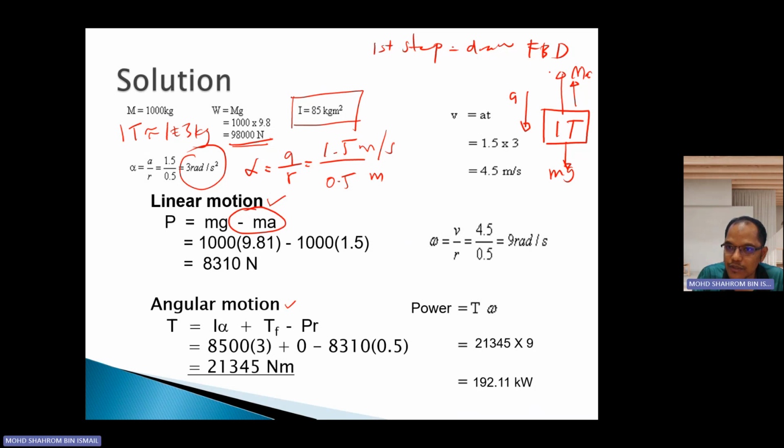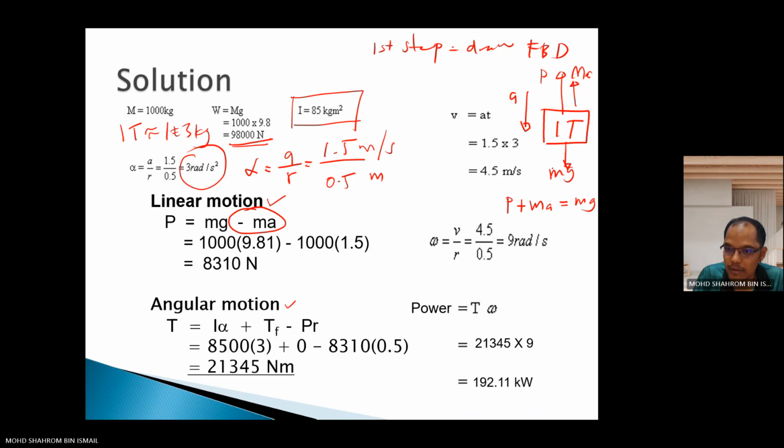And then we know here is P. So P plus ma is equivalent to mg.